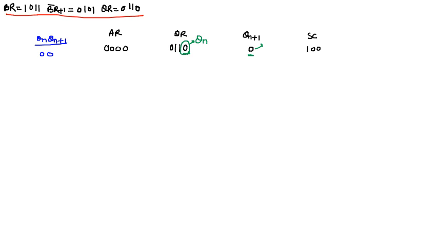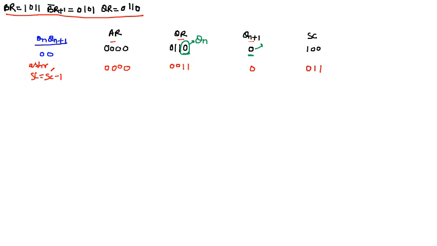So if you remember the previous table, the step will be arithmetic shift right AR, QR and Qn plus 1. So it will be 0 0 0 0 0 0 1 1 0. And we will reduce the value of SC: SC minus 1. So we will reduce the counter by 1 and it will become 0 1 1.